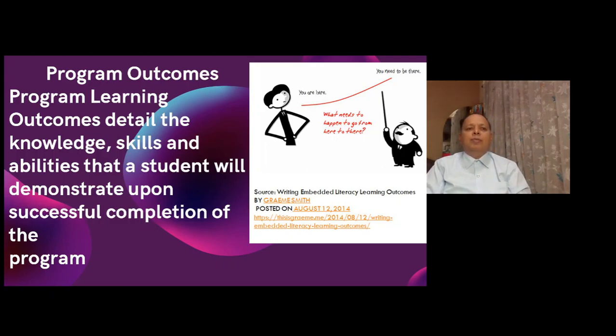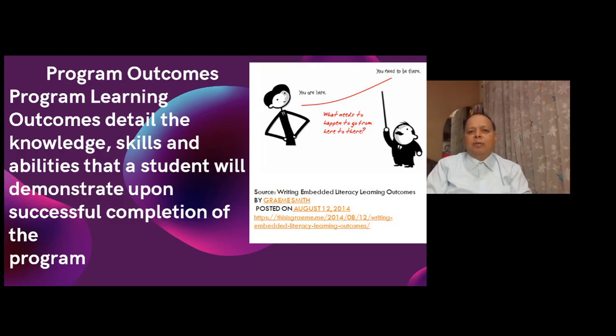These outcomes are in terms of the knowledge, skills, and abilities that a learner should demonstrate after completion of the program. You are now pursuing MSc in electronics. So after completion of MSc in electronics, what abilities should you possess? Those abilities have been documented as program outcomes.